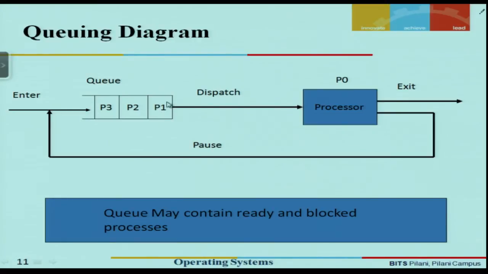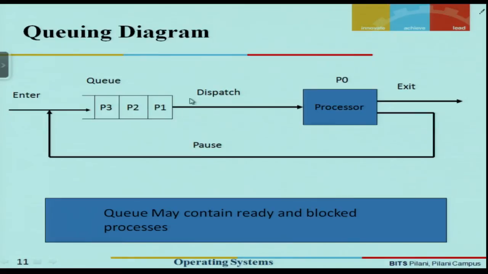Now when the dispatcher comes, it cannot just simply pick up P1 and dispatch it, because P1 is blocked and it is waiting for the services to be made available. So it will leave P1, go to P2 and check the status of P2, whether P2 is blocked on a service or not. If P2 is also blocked, then it will move on to the next, that is P3, and hopefully it will eventually find a process which is ready to be executed.